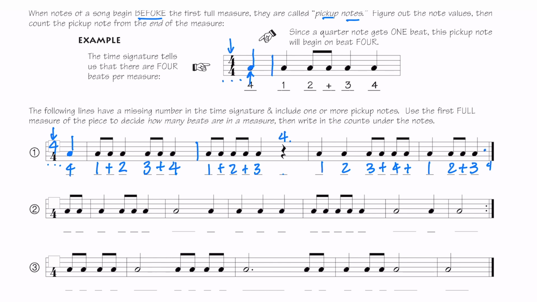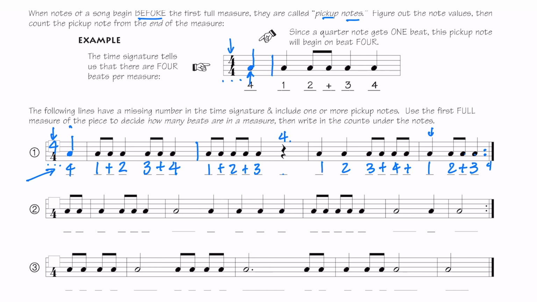So if I had a repeat sign here, and I went all the way back to the beginning, my count 4 is back at the beginning. So in my last measure, I would count 1, 2, and 3, 4. I would go back to the beginning and play that pickup note. So that's why a lot of times the last measure of a piece of music is not complete. It's because the pickup note is something that is borrowed from that measure.